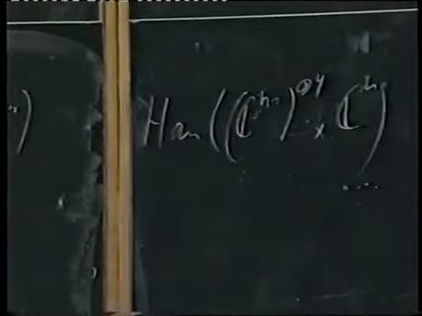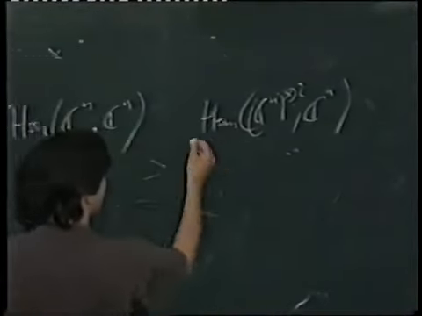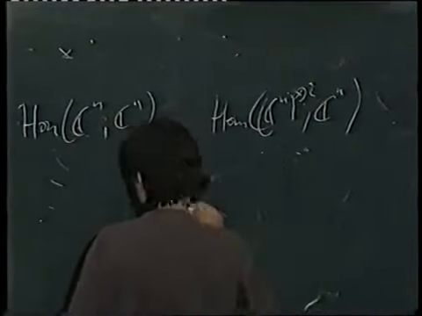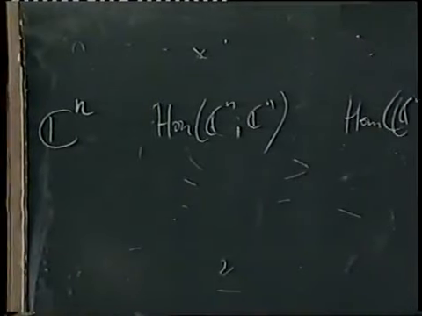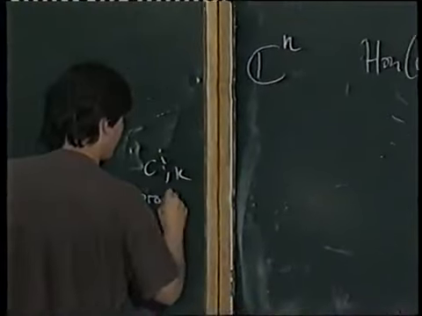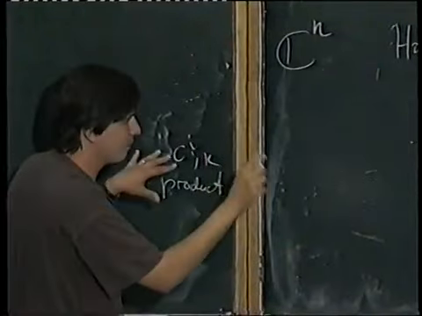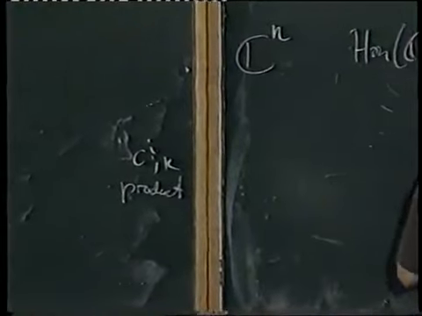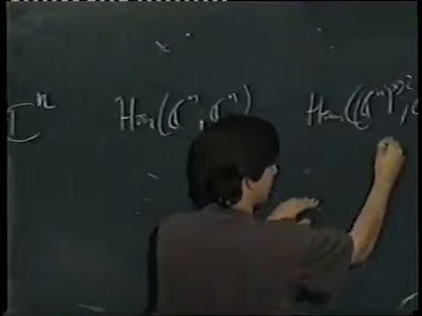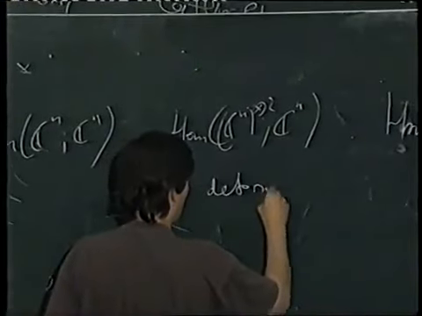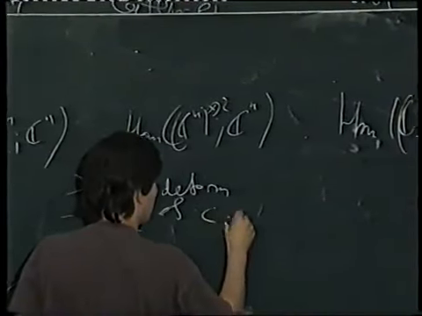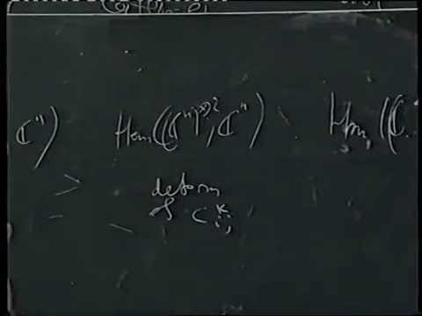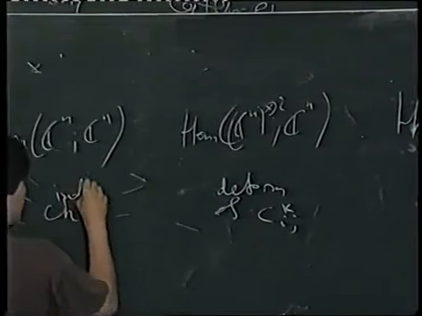So for example, here you can see the deformation. Suppose we have some product already, c_ijk, which is an associative product, and want to consider a nearby product. Then here it will be deformations of the structure constants. Here we kind of make an infinitesimal change of coordinates.